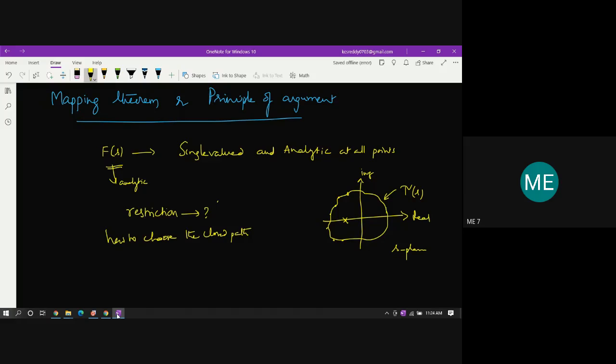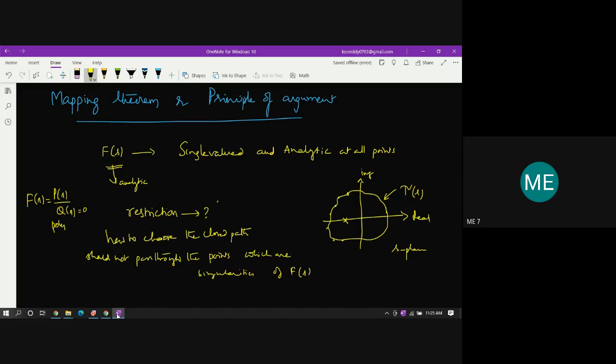The tau of s should not pass through the singularities of f of s. That is, it should not pass through the poles of f of s. If I take f of s as p of s by q of s, then q of s equal to 0 gives the poles.